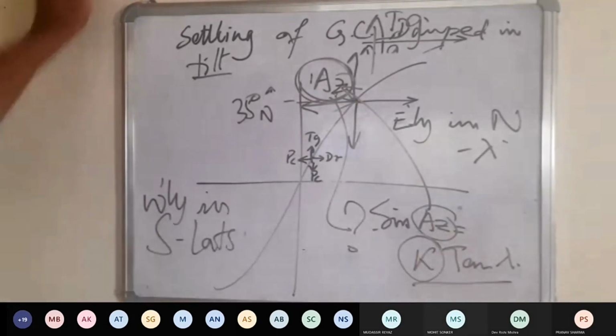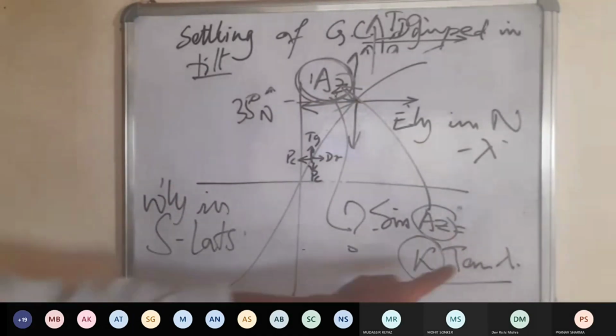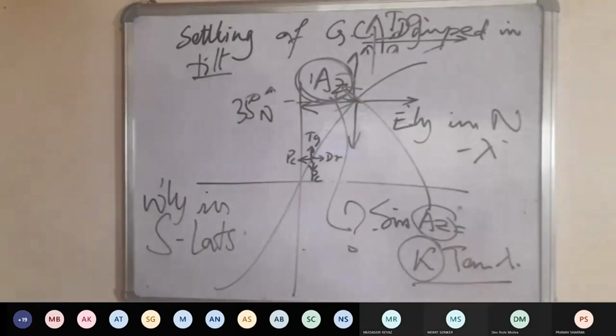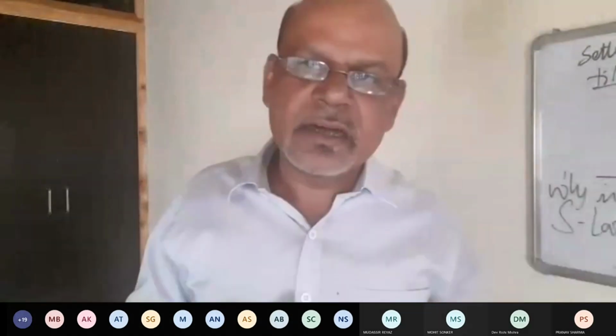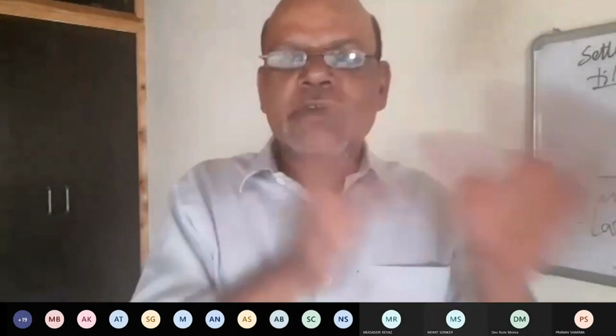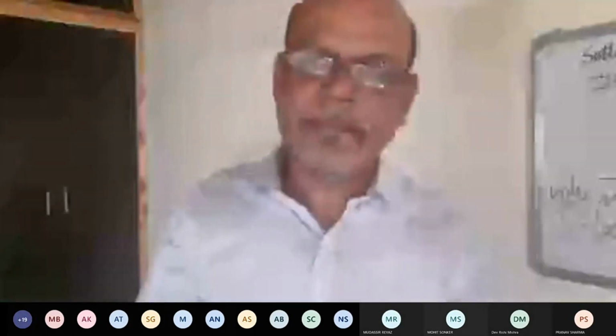Now this k tan latitude तो ठीक है, but this K is what? The K is a damping factor. What portion of control precession you are applying the PD?